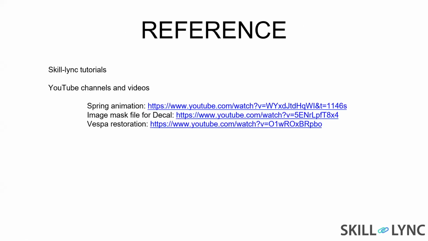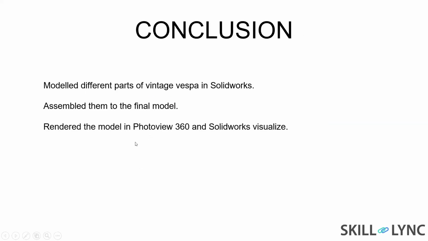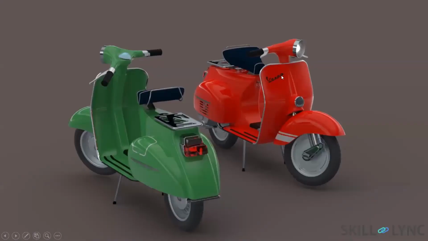And these are the references I have gone through. First of all, it is the Skilling tutorial, like the chopper model and the yacht model. And some YouTube channels, especially for the spring animation and the image mask for the decal. I have applied some decals that you can see here in this rendered image.